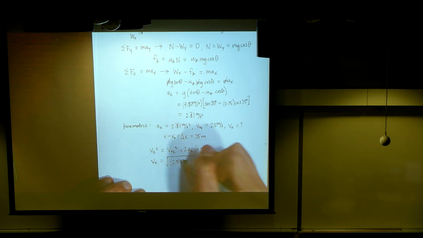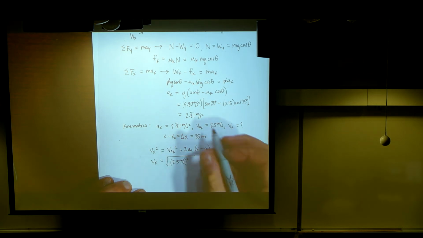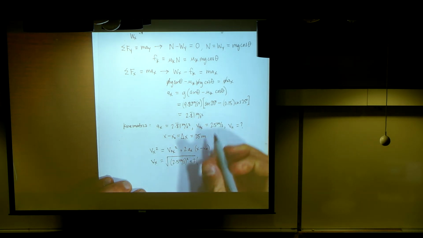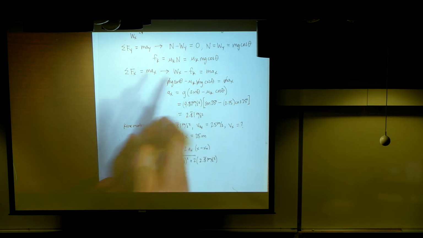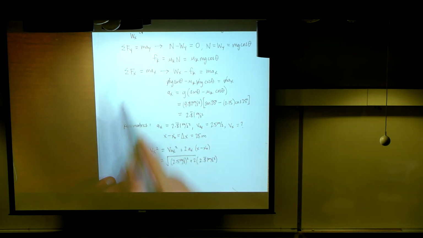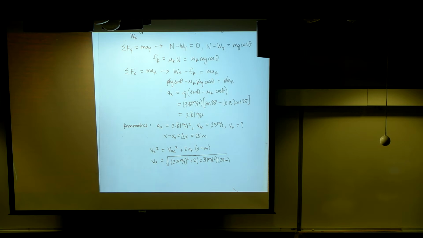We have 2.5 meters per second, square that. That's our initial velocity. And then we have 2 times our acceleration, 2.8. We were only able to get that by going through the whole Newton's laws part of the problem. And then the distance is 25 meters down the ramp. Can someone crunch those numbers?